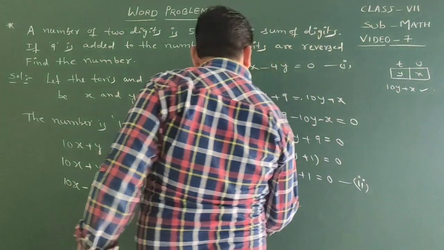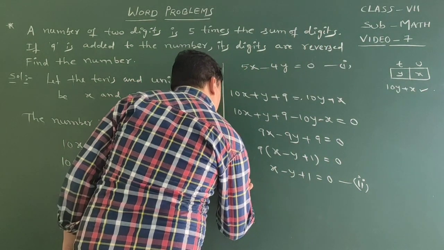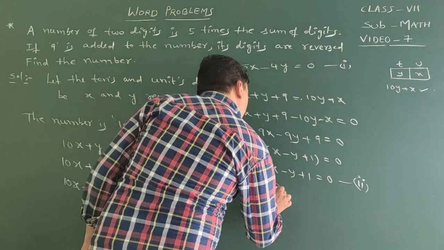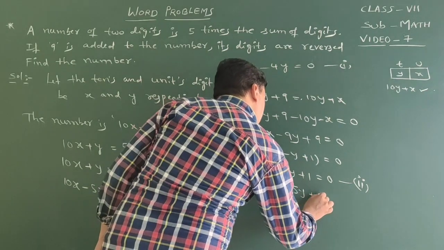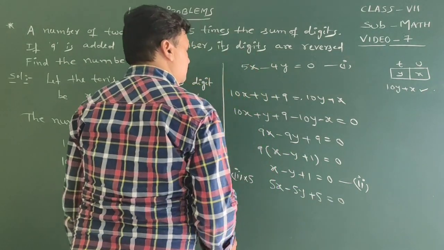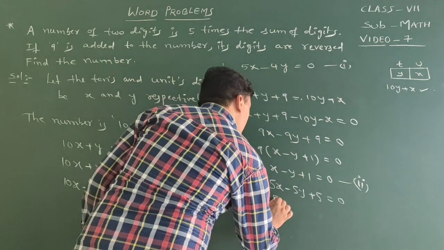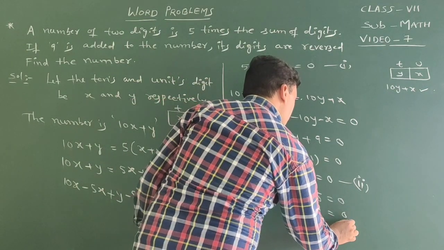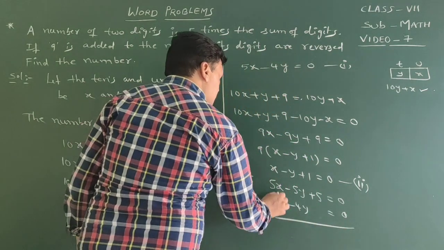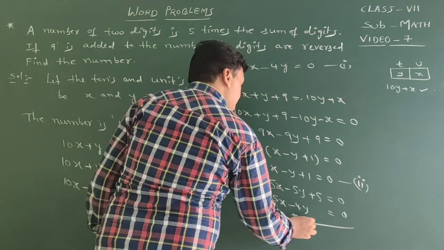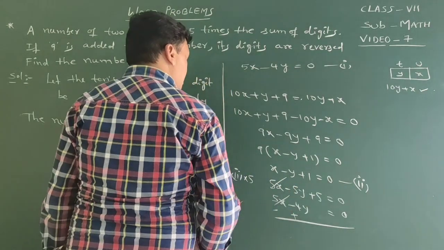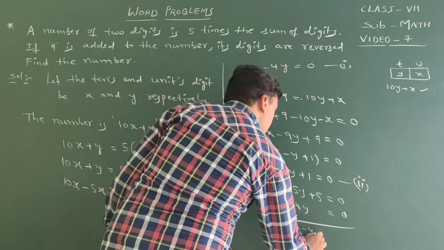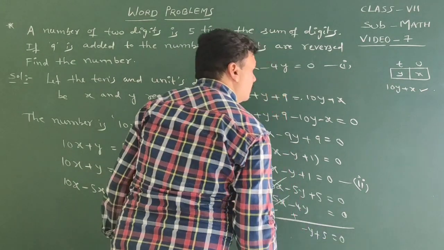If the second equation is multiplied by 5, then we get 5x minus 5y plus 5 equals 0. Now we have 5x minus 4y equals 0. If you subtract both the given equations, 5x gets cancelled, minus 5y plus 4y equals minus y plus 5 equals 0.